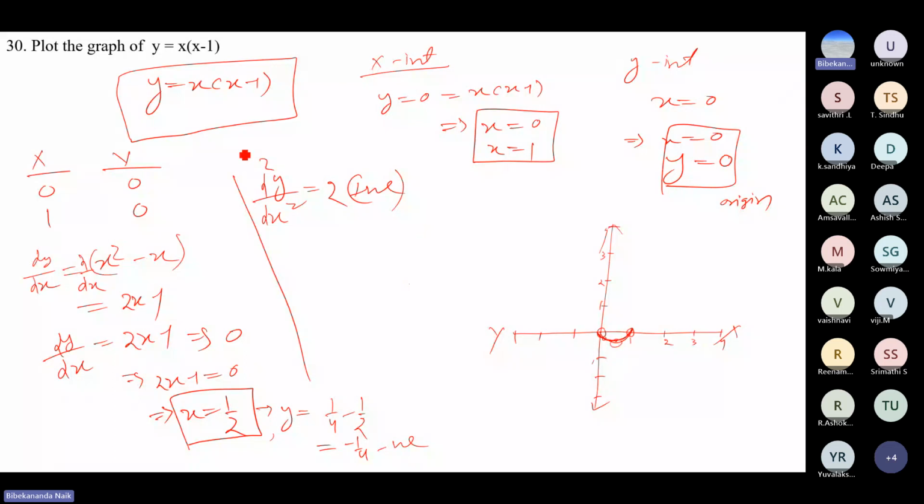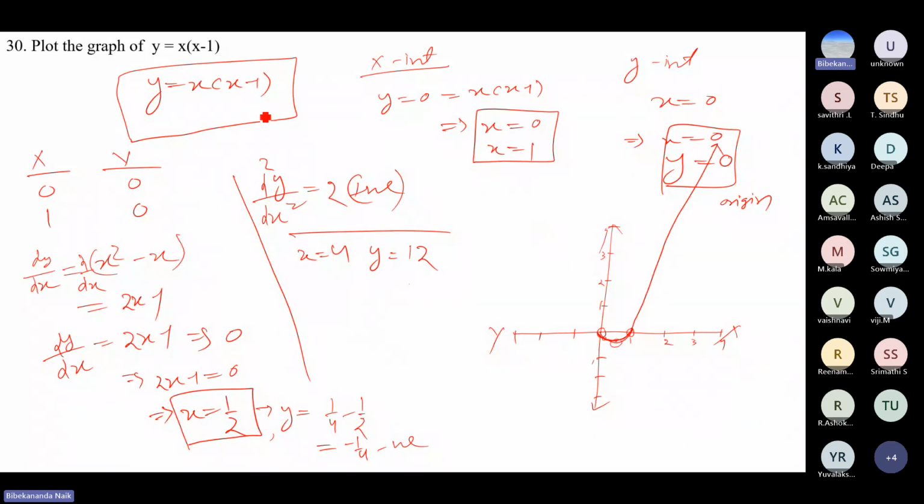Now if you take other values, like for x equal to 4, y will be 4 square minus 4, so 16 minus 4 equal to 12. So at x equal to 4, y will be 12. So it will go on increasing in this direction.